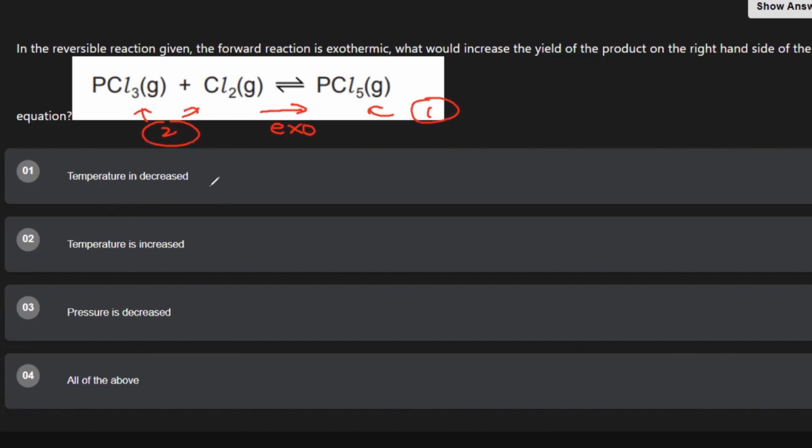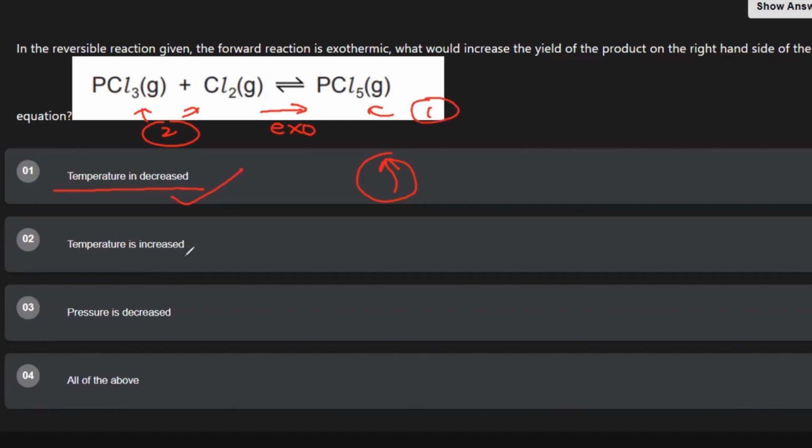Temperature decreasing. When temperature is decreased, the system will want to increase temperature. To increase temperature, the exothermic reaction must be favored. And the exothermic reaction is the forward reaction. If the forward reaction is favored, then more product PCl5 will be formed. So temperature decreasing is correct. Temperature increasing, now the opposite thing.